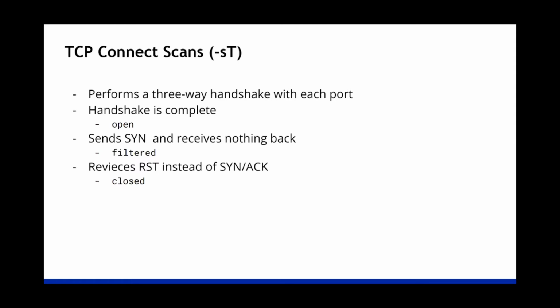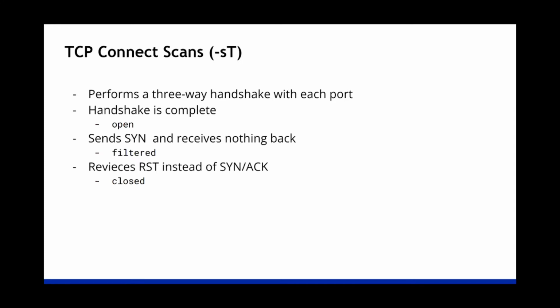And then it's going to say that the port is either open, filtered, or closed. How is it going to tell you that? If you complete your handshake, the port is open. If you send your synchronous packet and then you receive nothing back, it just means it's going to be filtered.